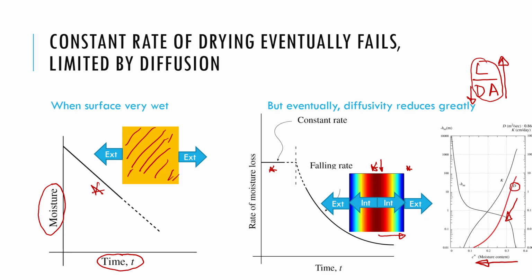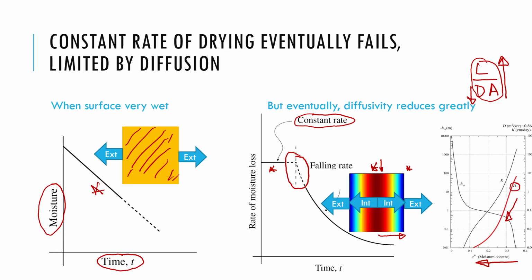eventually. Now, exactly where it changes from constant to falling rate is very, very material dependent. It's very hard to say which ones will have it at what moisture content. For many food materials, the constant rate almost does not exist, or it exists for a very short time.